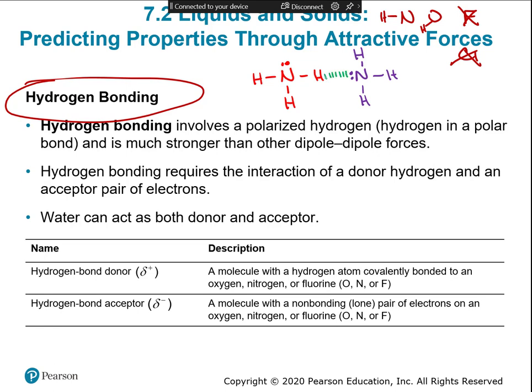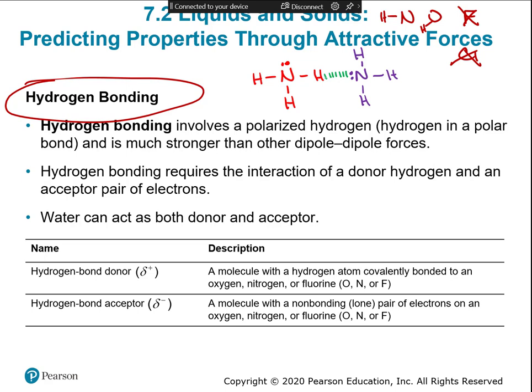This attraction that nitrogen has for the hydrogens of the other molecule, they're two separate molecules, but now they've got like this link. So they have this connection. It's stronger than just being polar.